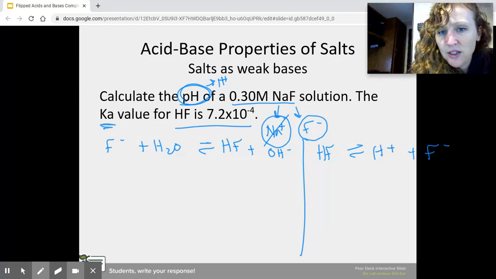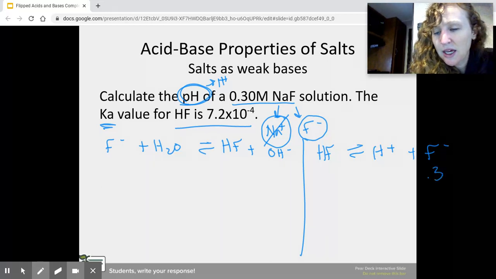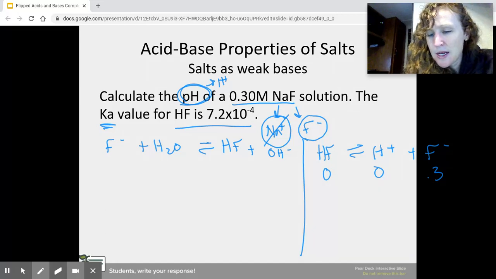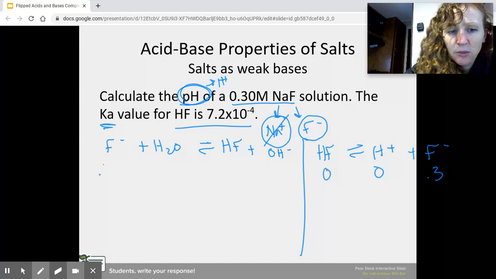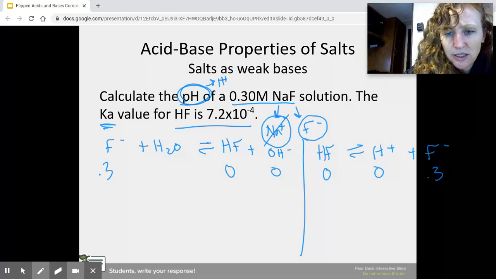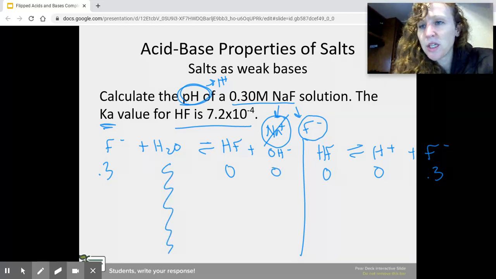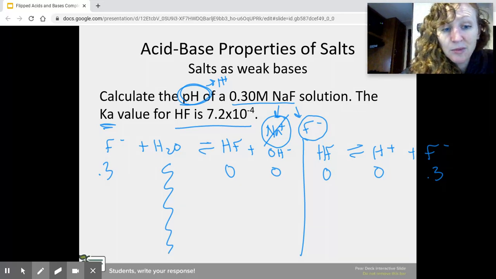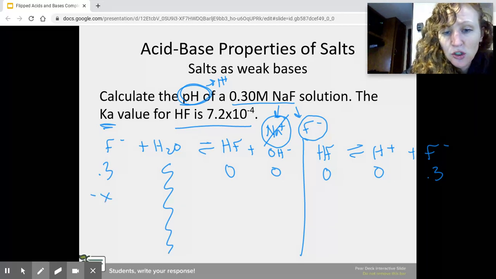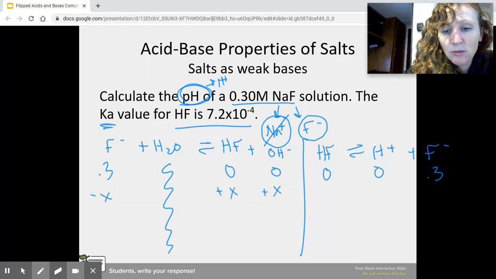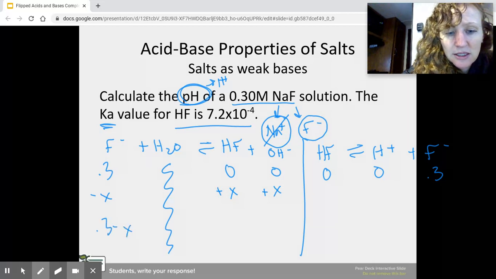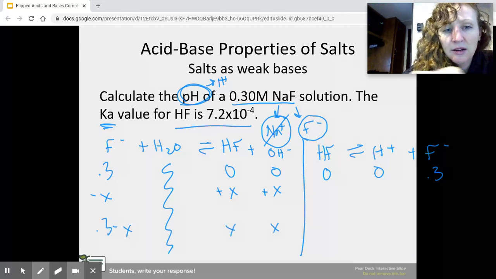Now, if I do it this way with the Ka, I have a 0.3 here and a 0 and a 0. If I do it here, I have a 0.3 here and a 0 and a 0. So writing it with the base, with the equation as F minus as the base, kind of makes a little bit more sense to me, but that means we're going to need the Kb instead of using the Ka.